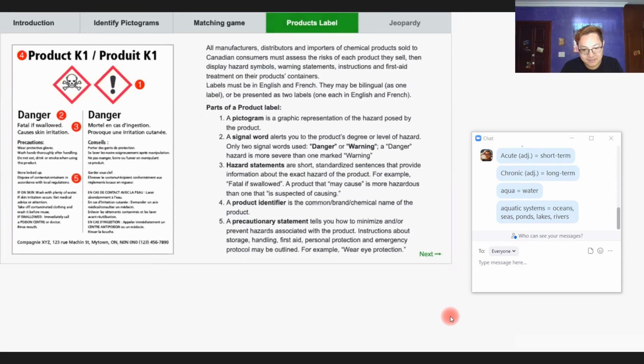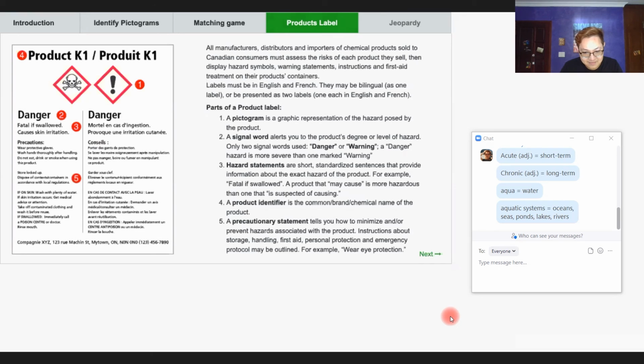All manufacturers, suppliers, and importers of a chemical product sold to Canadian consumers must assess the risk of each product they sell, then display the hazard symbol, warning statement, instructions, and first aid treatment on their product container.